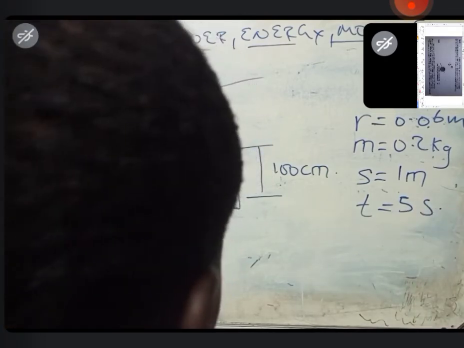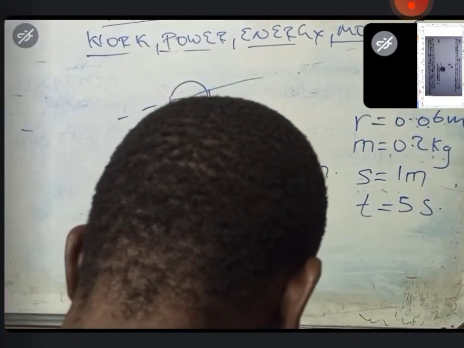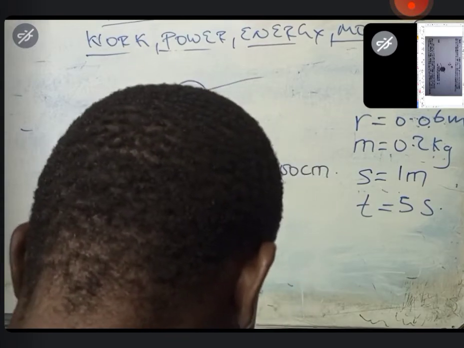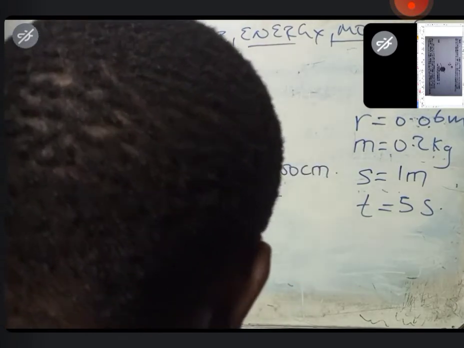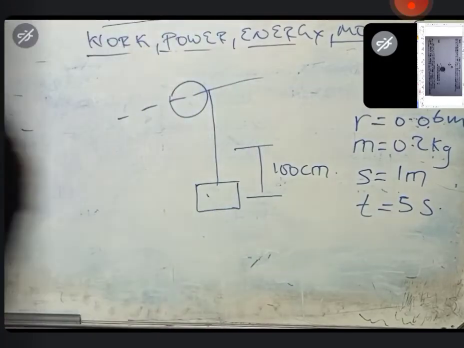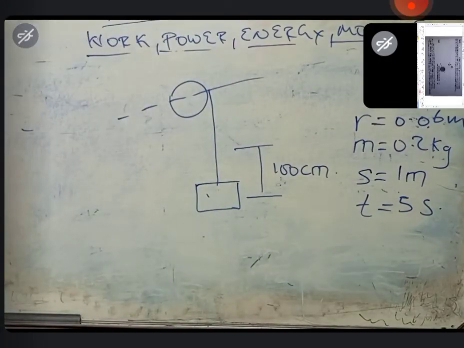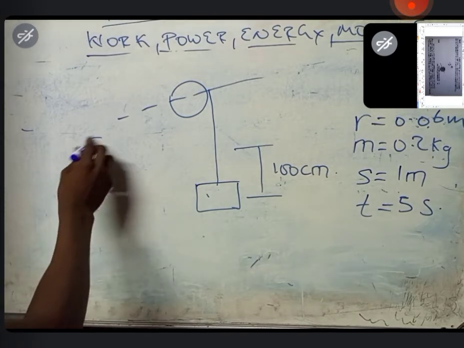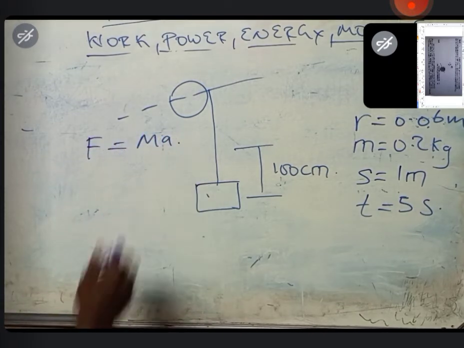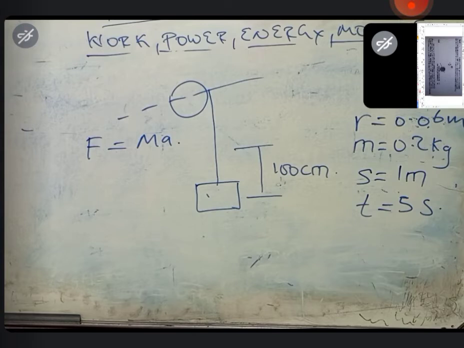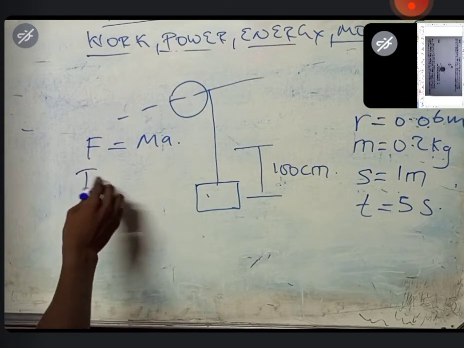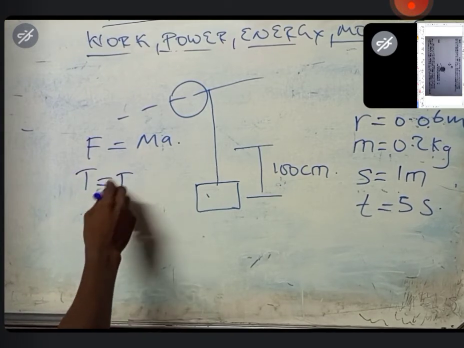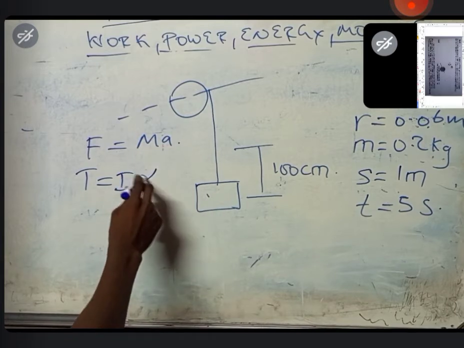What is the question saying? It is asking us to find the moment of inertia and also the tension in the cord. If you remember, what did we say? Force is equal to ma. Here we talked about torque as the counterpart in rotational motion. For torque, mass is replaced by moment of inertia, and acceleration is angular acceleration.